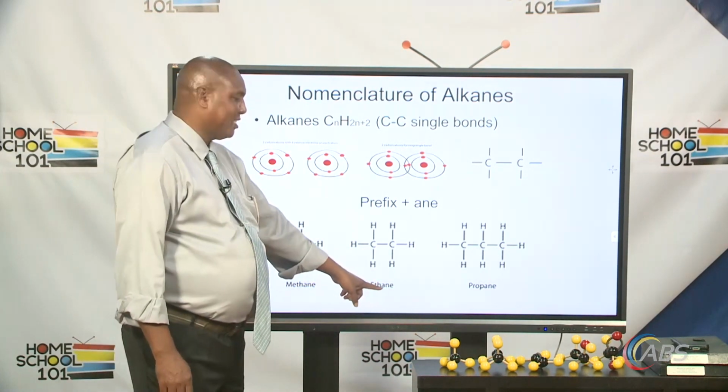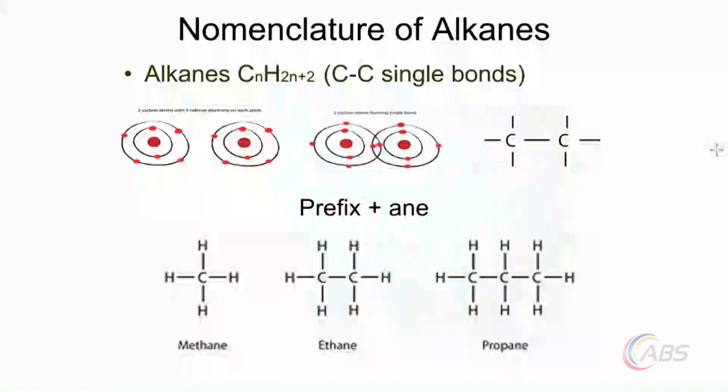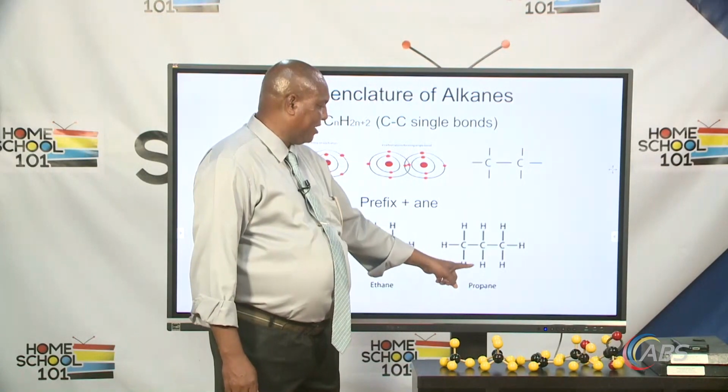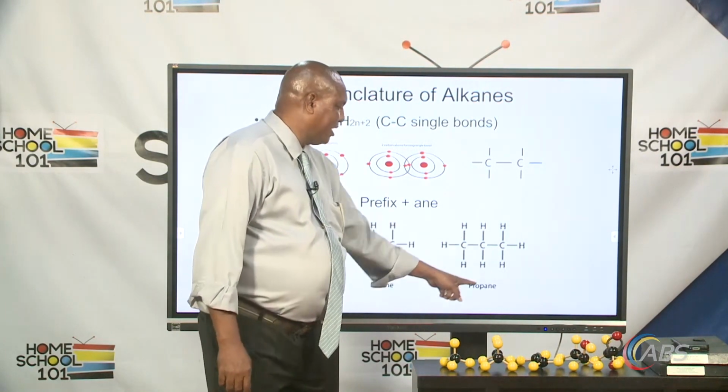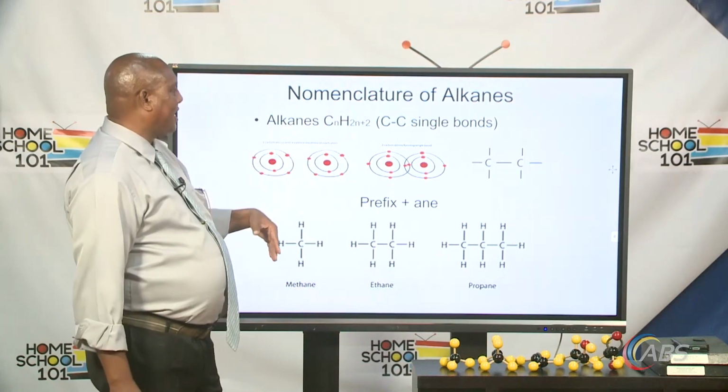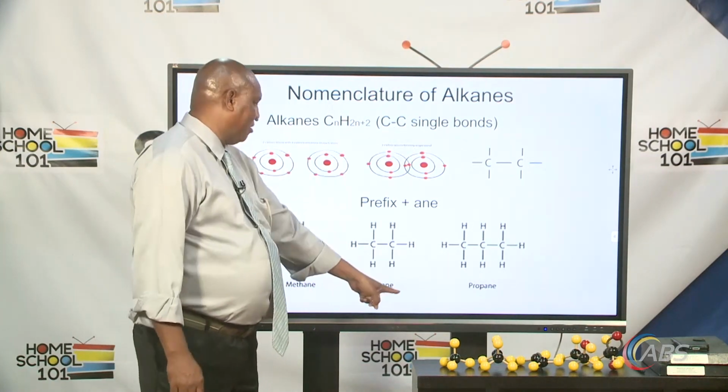Methane. Ethane, 2 carbons. Eth meaning 2 carbons, and ane meaning that we have the maximum number of hydrogens. Propane, the third one in the homologous series, 3 carbon atoms, and we have all single bonds around it. So these are all alkanes, carbon-carbon single bonds.